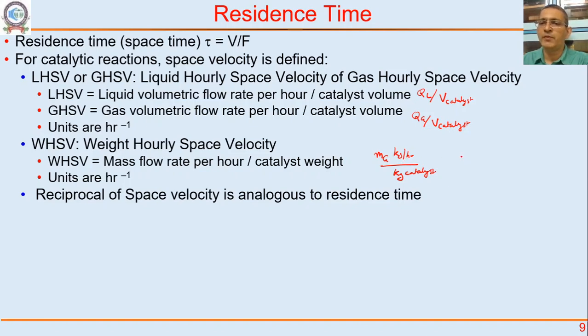So it will have units of 1 per hour. The inverse of this is like our residence time, but now in terms of weights, not in terms of actual contact time. Actual contact time accounts for the density of the gas and the density of the catalyst, right? They can be interrelated based on the density of catalyst and density of the gas. You see that?